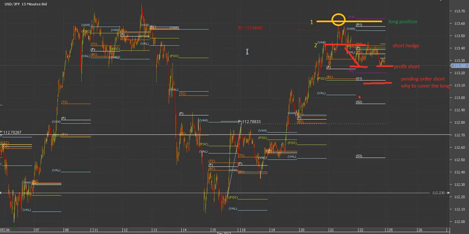Number 2, when you took this entry on number 1, you left a pending order to go short here, as a stop loss. So instead of a stop loss, you put in a hedge, a short hedge. Okay, stage 3, market moved down to this level.